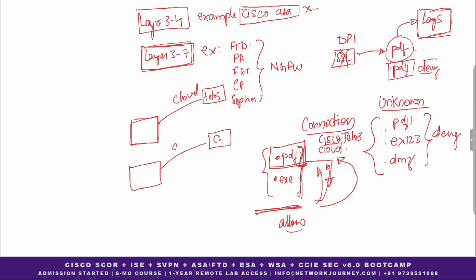So these are integrated because if there is any unknown packet in real time, and if you have not defined that block this, deny this, etc., if it is not defined, it will send that information to cloud, get the response what needs to be done, and then take the action in real time. So this is what the next gen firewalls does.